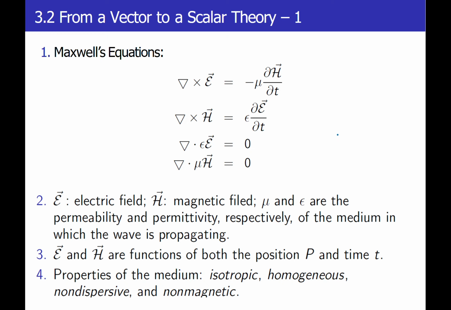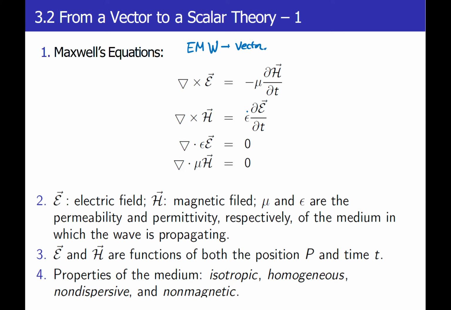So now it's time to think about the scalar diffraction theory. Remember that we are dealing with a scalar diffraction theory, but we all know that the electromagnetic wave is actually a vector quantity.